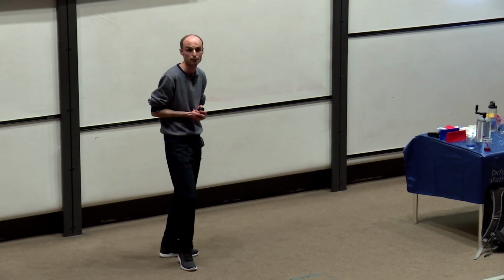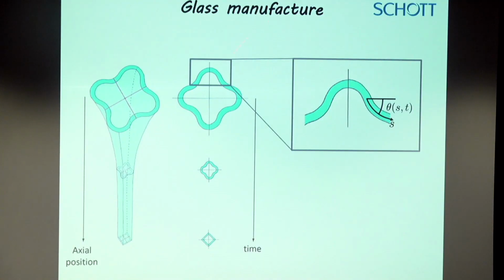The next simplification is we say, let's just look at a little bit of this glass tubing here, in this zoomed picture. And we model this using the angle, theta, and the arc length, so that's s, as we go around, and time t.